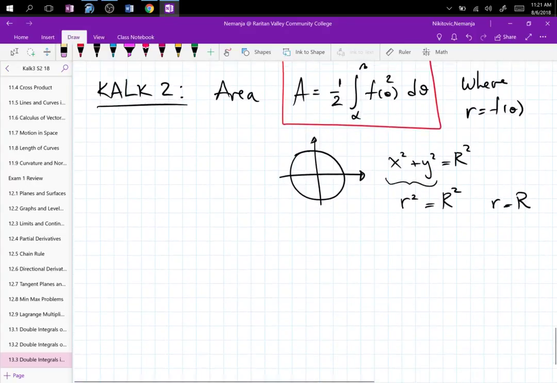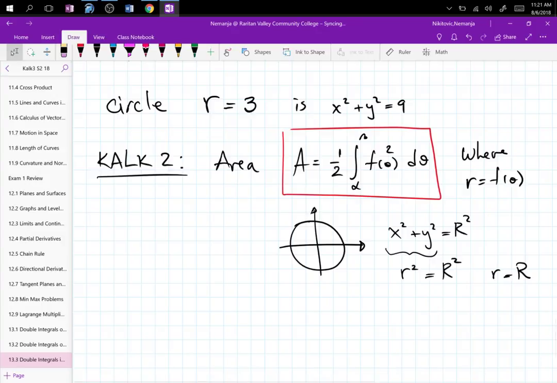All of that gets eliminated if you are using polar integrals, because now you no longer have this equation of x squared plus y squared. Now it's just like integrating y equals 3 or x equals 7, right? That's technically what we are doing now.